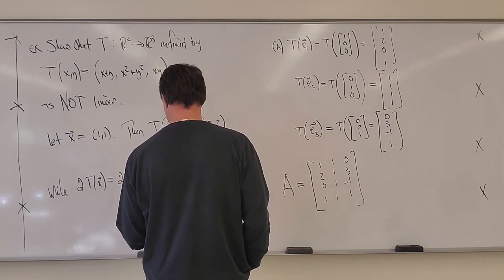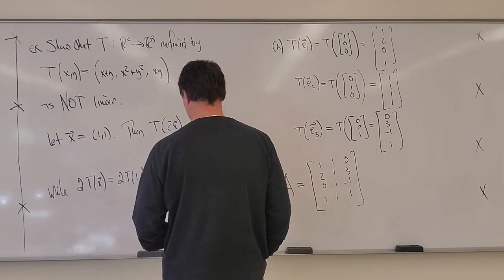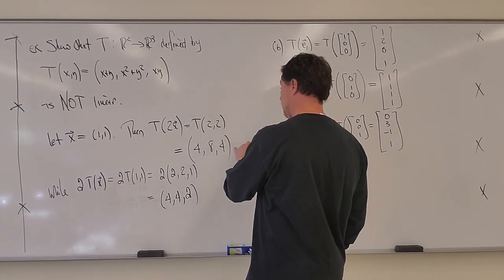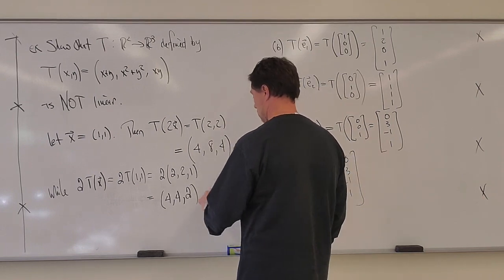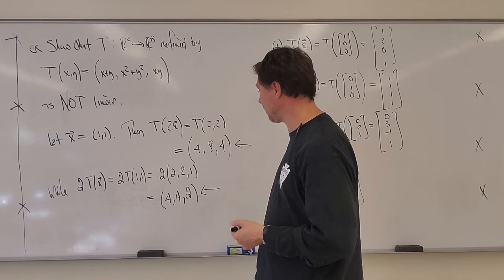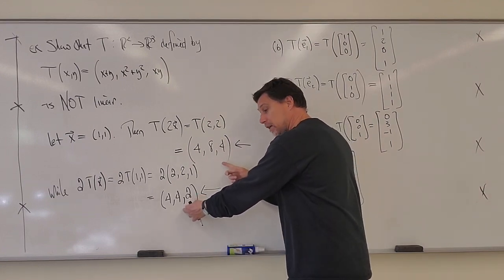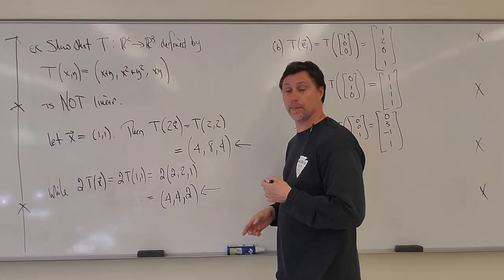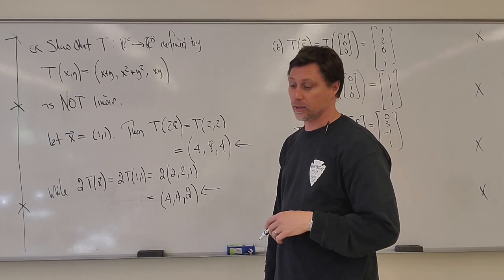And so what we get is 4, 4, 2. So if you compare T of 2x versus 2 times T of x, you get different answers. They're not equal to each other. That counterexample right there shows us that it's not linear.